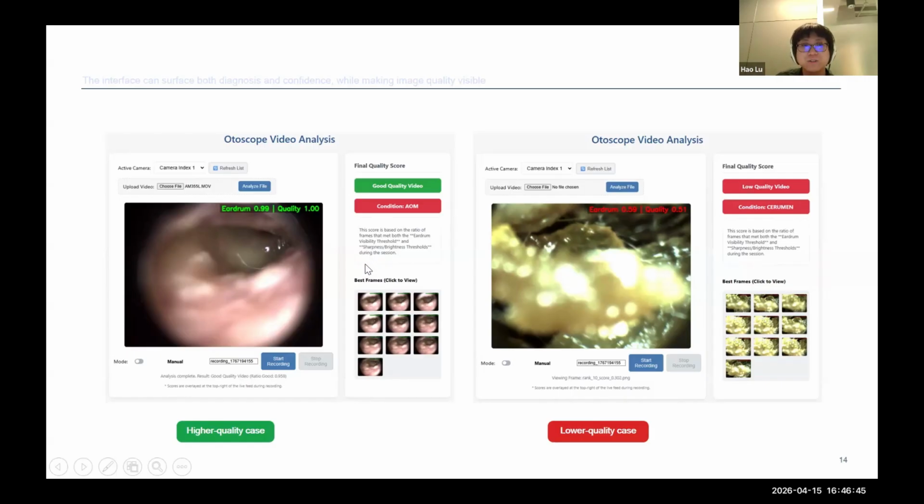And also, we are trying to show which area our model is focusing on to make the diagnosis. For example, here our model may focus on the flat area of the eardrum. We are doing that. That's a great idea.